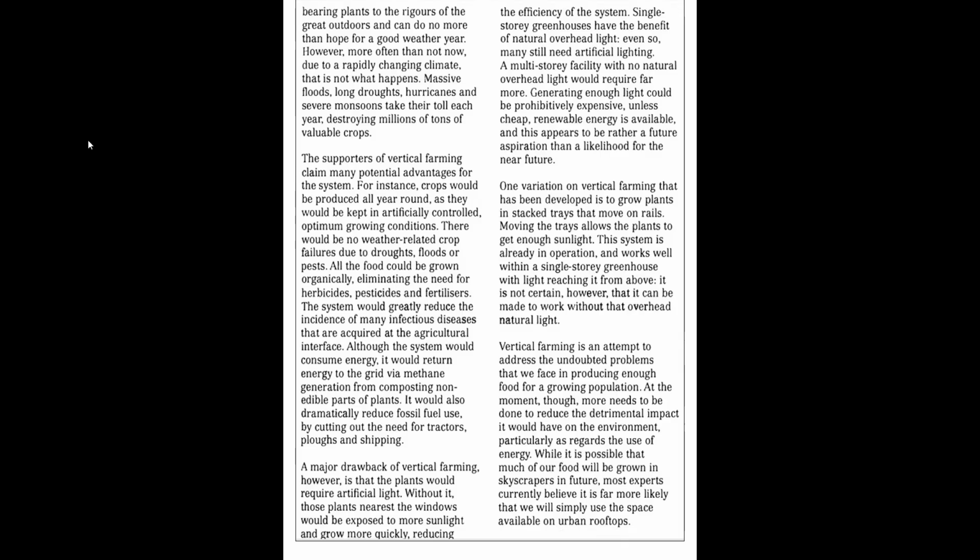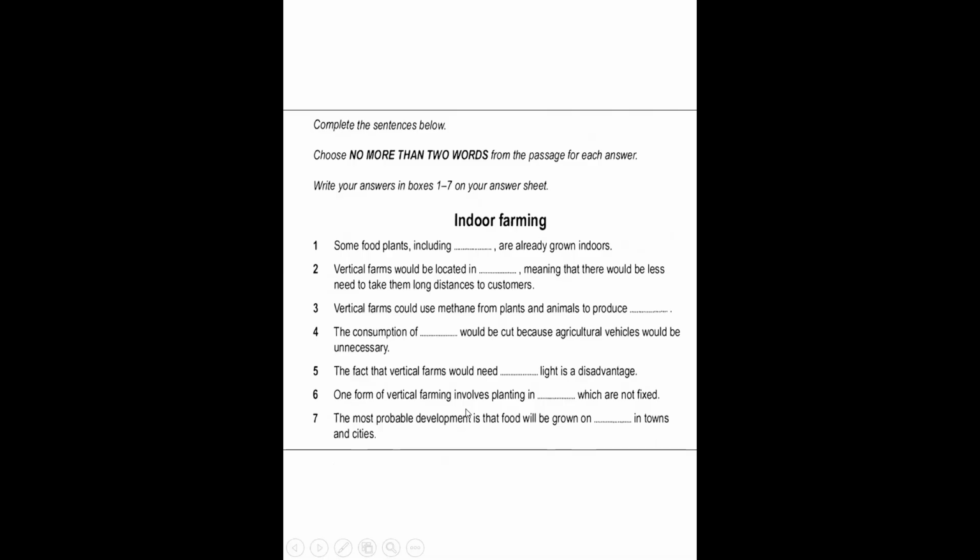And that's how you have to solve a fill in the blanks using skimming and scanning strategy. Again, just to point out, indoors was our keyword for the first one, correct? Vertical farms located in dash, customers was the keyword to scan for the second one. Third one, methane.